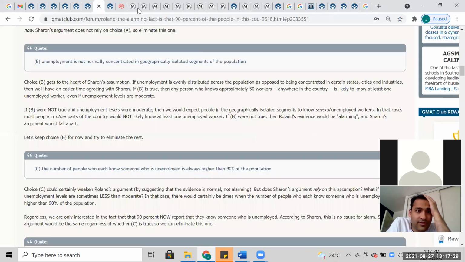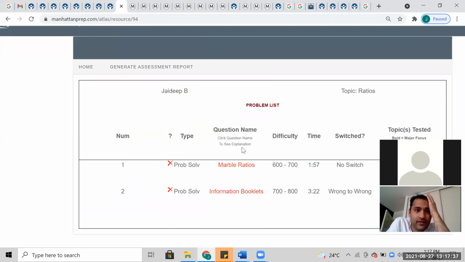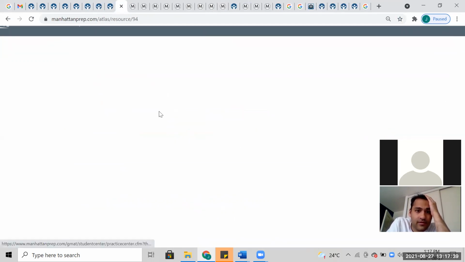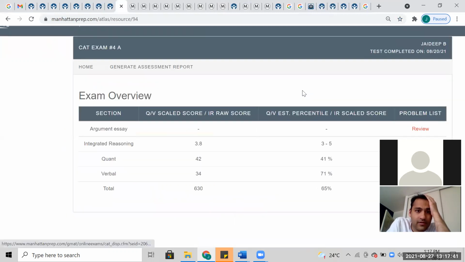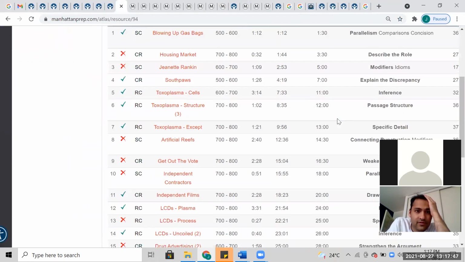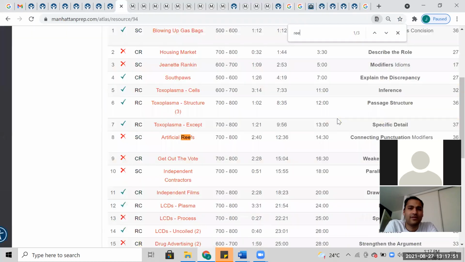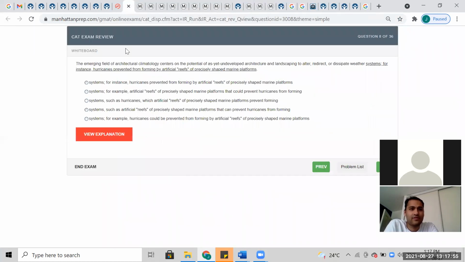Which is the one with the reefs? One with the reefs. Yeah, this one was tough.